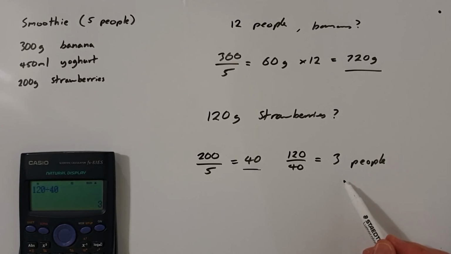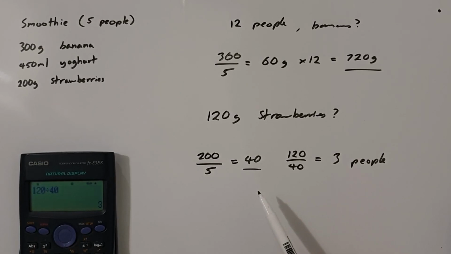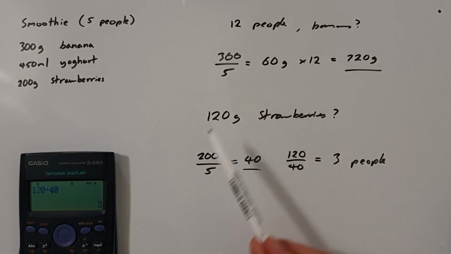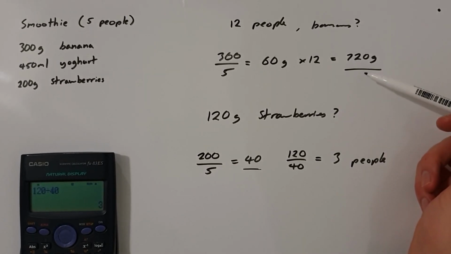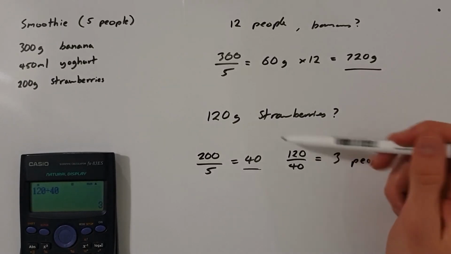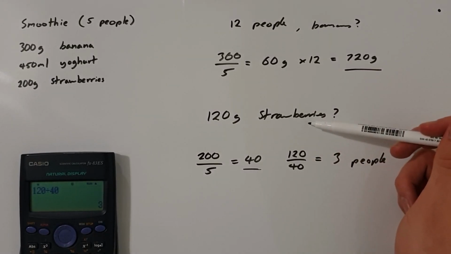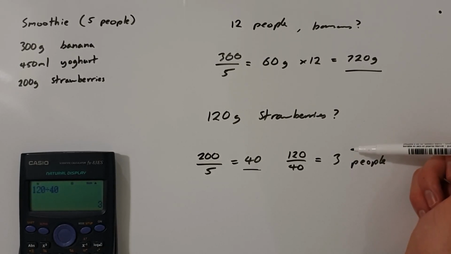I really hope all of that made sense, guys. Remember, with all of these variations of questions, every single time you need to divide to get the quantities for one person, and then work out whether you need to multiply it up to get your quantities for however many servings you need, or divide by how much of the stuff you do have to find out how many portions you can serve.